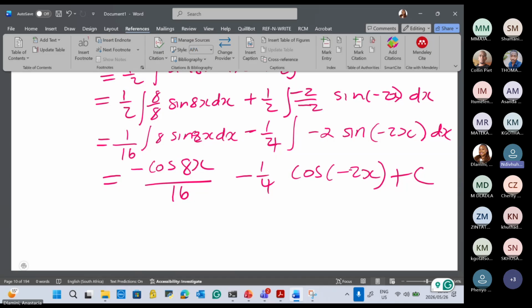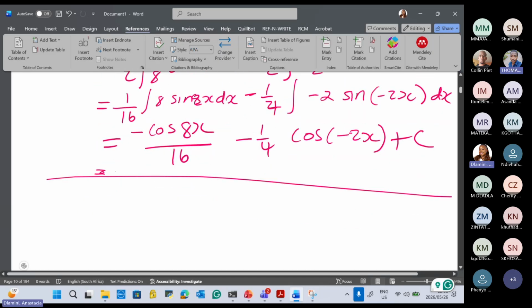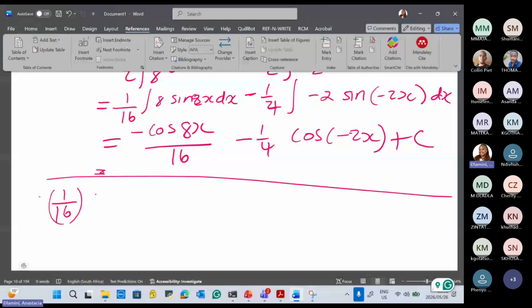Okay. If we differentiate the first one, what do we get? We have 1 over 16, and we want to differentiate cos. Okay, there's a negative. Let's put it like this: negative cos of 8x.